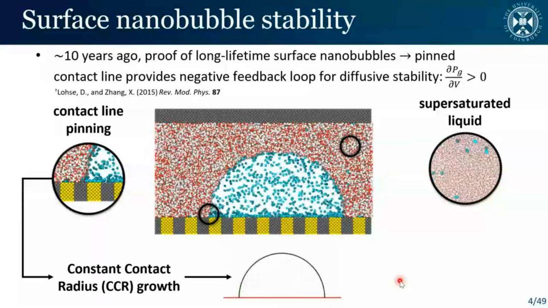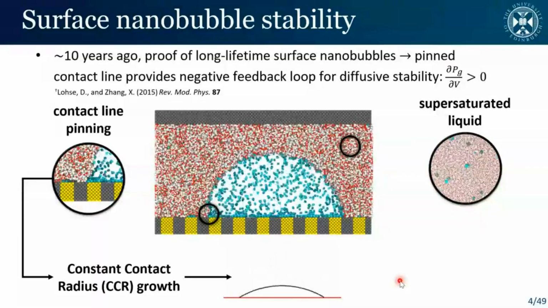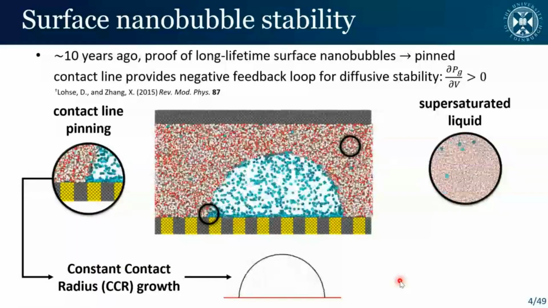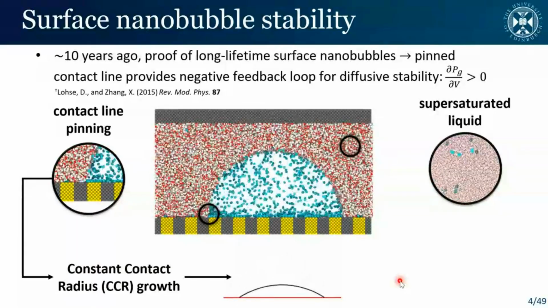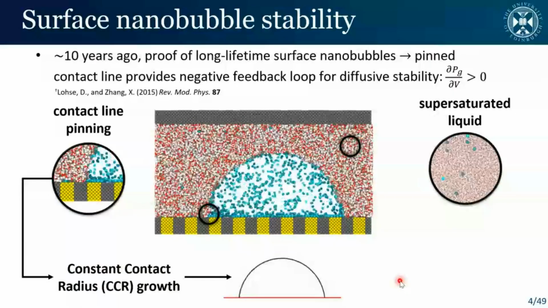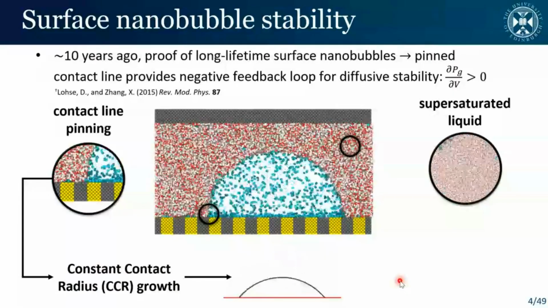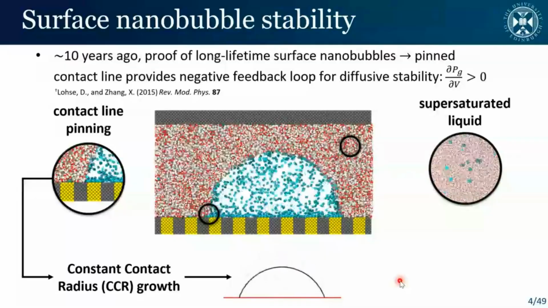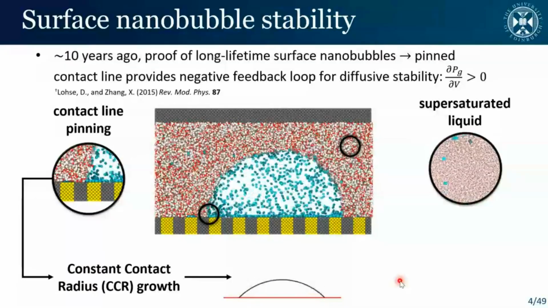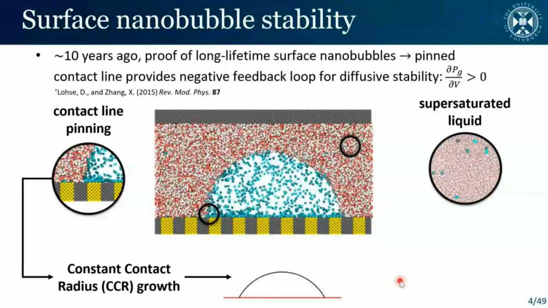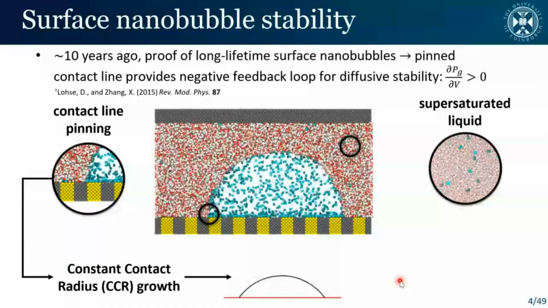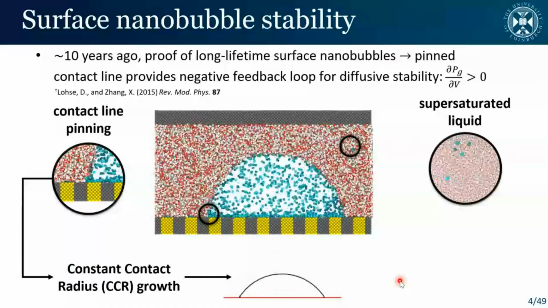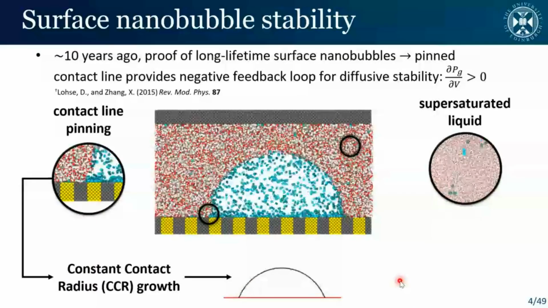It's been shown on roughness. No surface is perfectly atomically smooth. There'll always be some imperfections or grain boundary which can act as this roughness point for contact line pinning. There could also be some sort of impurity on the surface which acts as a hydrophobic or a hydrophilic point for the bubble to attach.